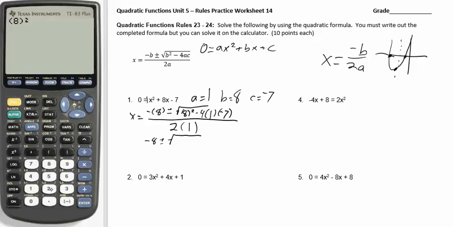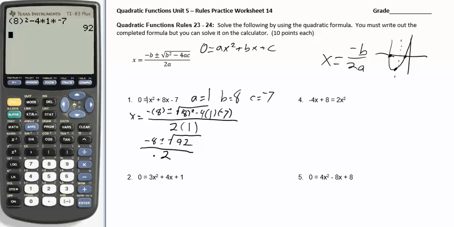Otherwise, it's going to do things in the wrong order. So 8 squared minus 4, this part doesn't really matter as much, times 1 times -7. So we get 92 here. And 2 times 1 is 2.